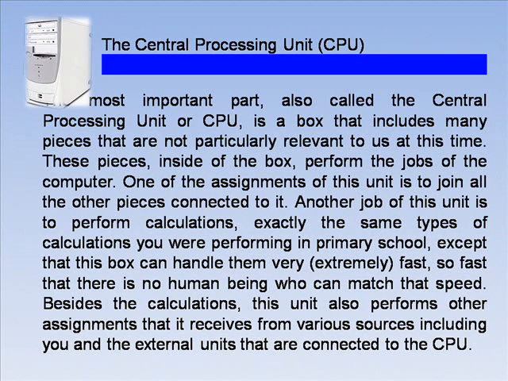Another job of this unit is to perform calculations, exactly the same types of calculations you were performing in primary school, except that this box can handle them extremely fast, so fast that there is no human being who can match the speed. Besides the calculations, this unit also performs other assignments that it receives from various sources, including you and the external units that are connected to the CPU.